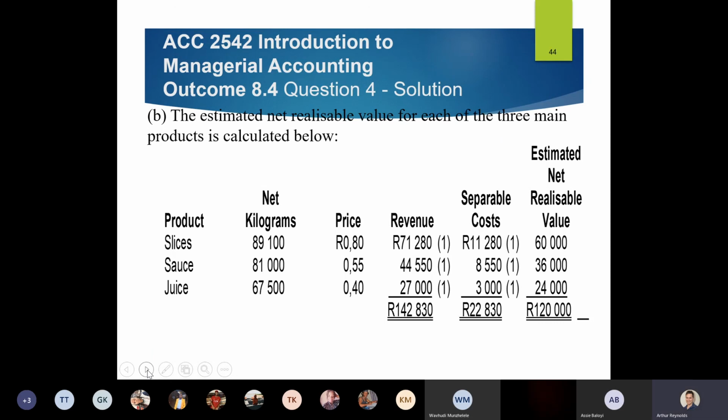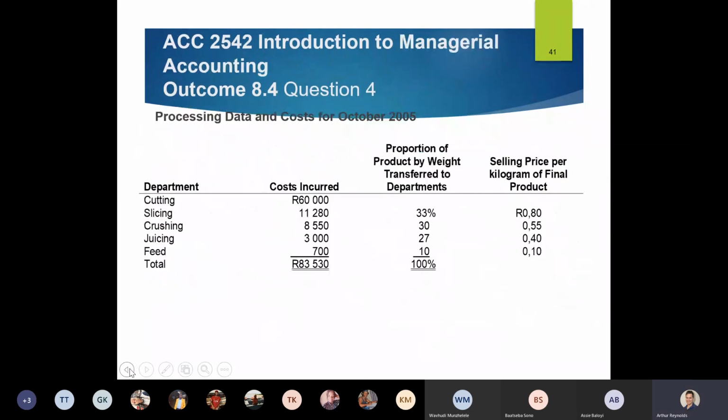Then the estimated net realizable value. We know what the net kilograms are because we calculated them previously. We know what the price is, so we can calculate the total revenue. The separable cost we can get from this table: 11,280, 8,550, and 3,000.